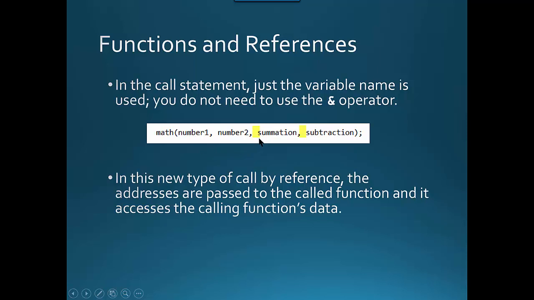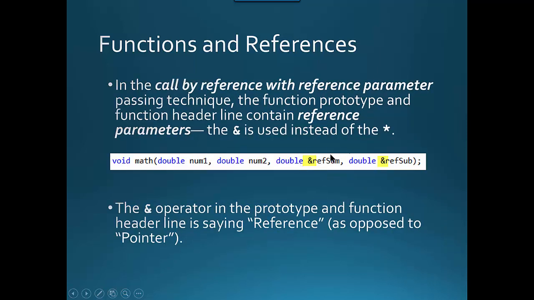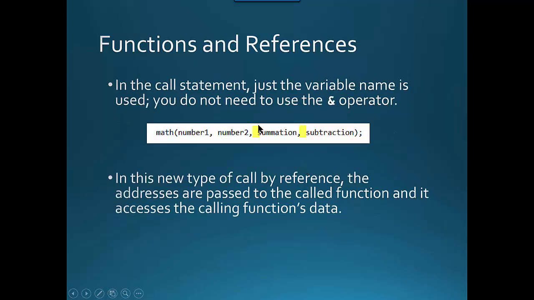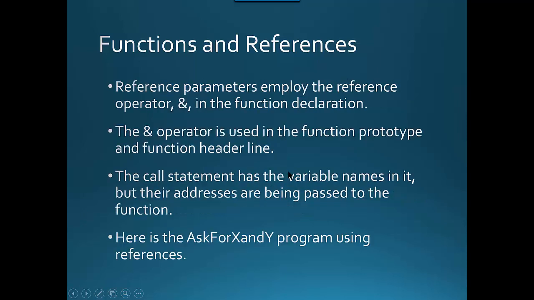And what will happen is C++, recognizing that this parameter is a reference, will just implicitly pass in the address rather than having you explicitly designate it as an address with an ampersand. So this is much easier in practice to use, and it works essentially the same way.